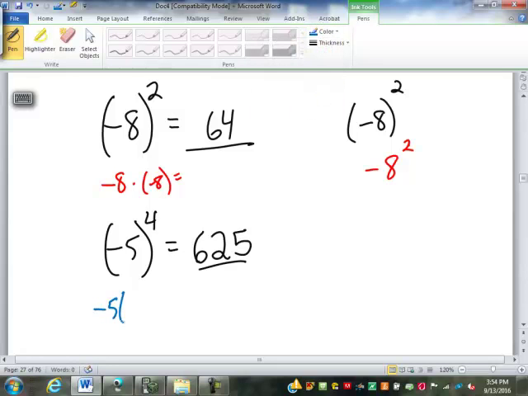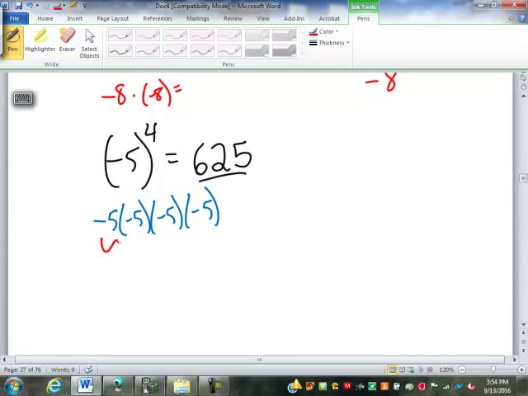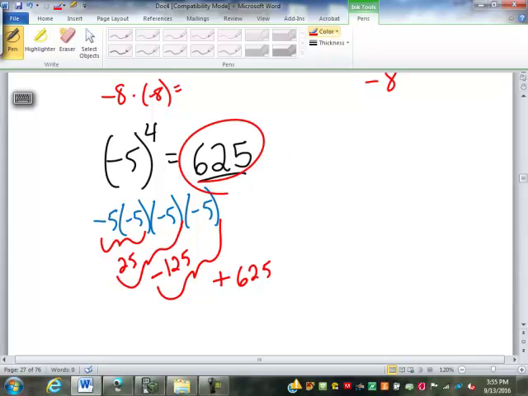Again, that's negative 5 times negative 5 times negative 5 times negative 5. Negative 5 times negative 5 is a positive 25. Times another negative 5. Positive times a negative is a negative. 25 times 5 is 125. The negative 125 times the negative 5. Negative times the negative is a positive. 125 times 5 is 625.